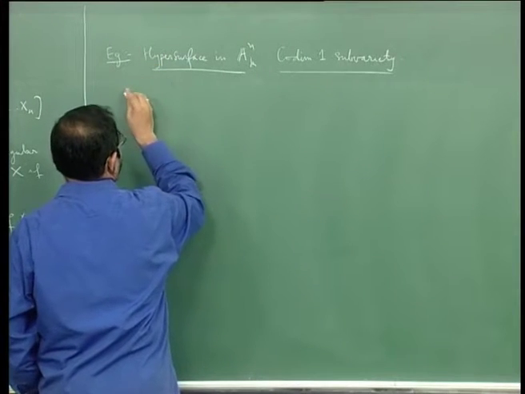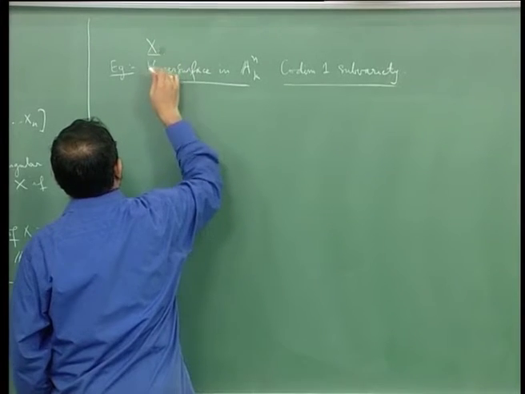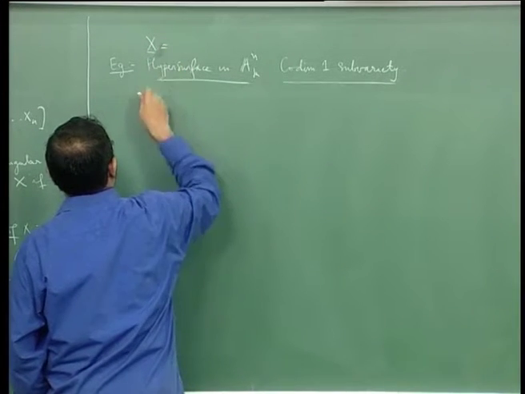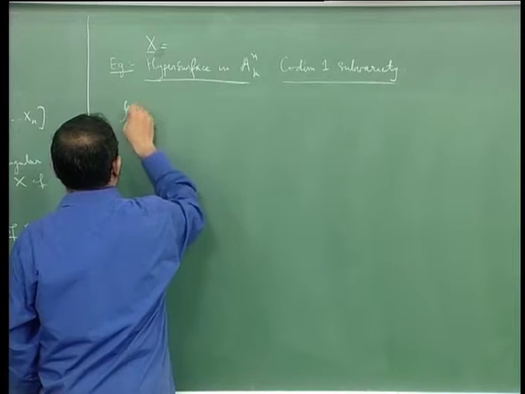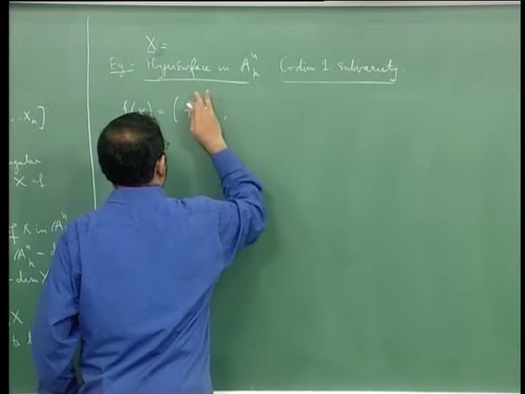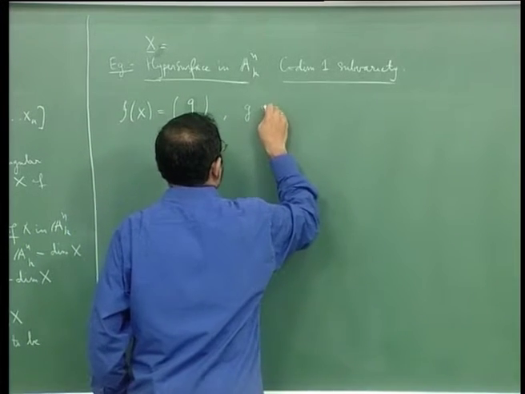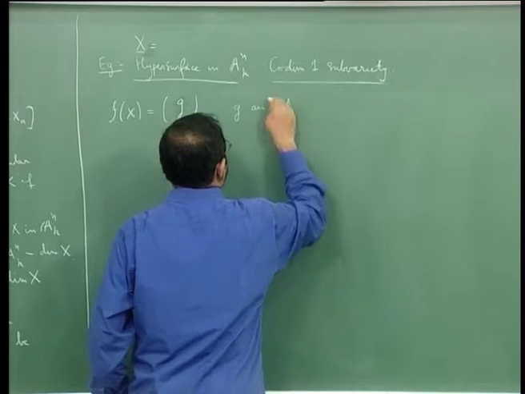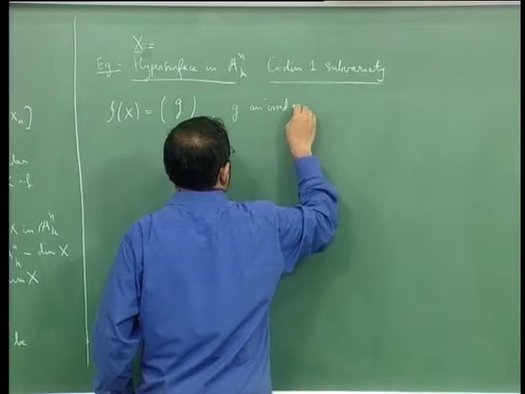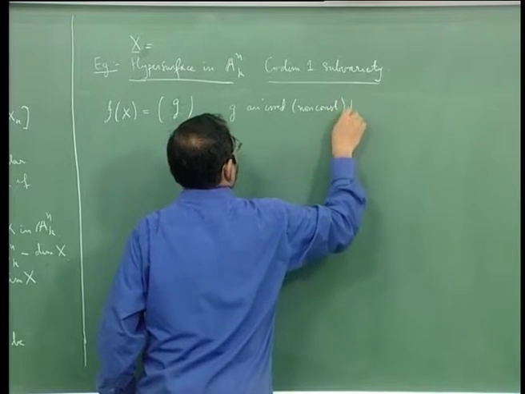So if I call that X, a hypersurface in A^n, then the ideal of X is generated by G, an irreducible non-constant polynomial.